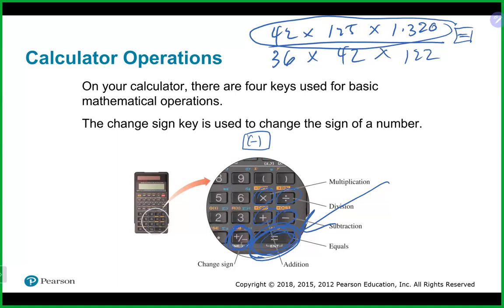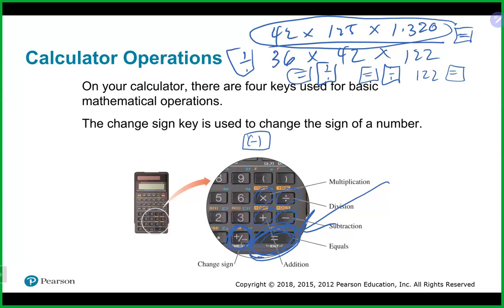What you should do is hit divide, 36, equals. Then divide again, 42, equals. Then divide one more time, 122, and equals. If you divide by each of the numbers on the bottom individually and hit equals every time, you will probably end up with the right answer and not go wrong.